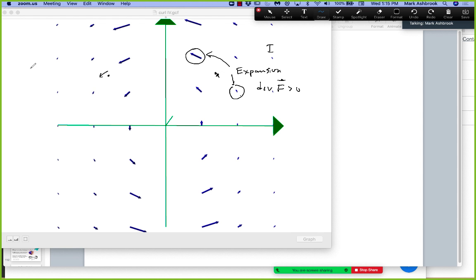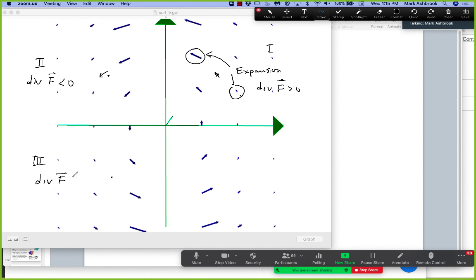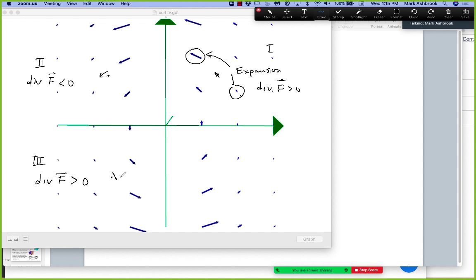So divergence here in quadrant 2? Negative. All right, same thing here. Quadrant 3, what do you say divergence is? Positive, right? Direction of flow, and things are increasing, expanding, widening. And in quadrant 4? Compression, negative.